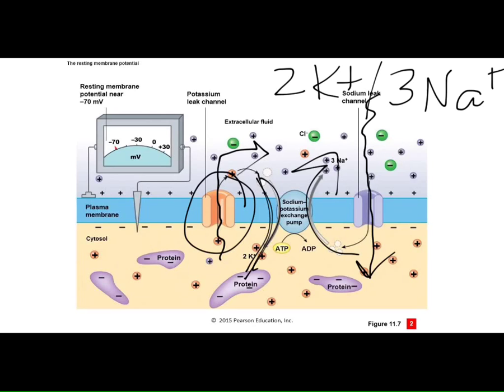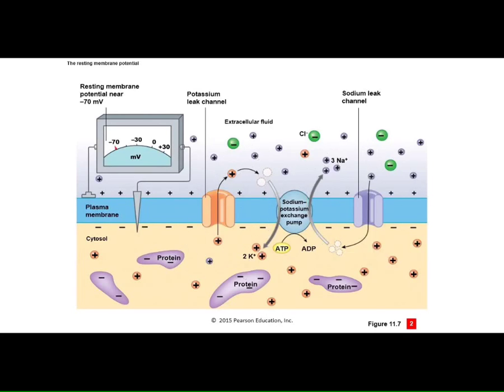Negative. Ultimately, there's more positive being shoved out than positives coming in. So all of this is going to help keep the inside of the cell membrane, the cytosol, the intracellular fluid, overall more negative.